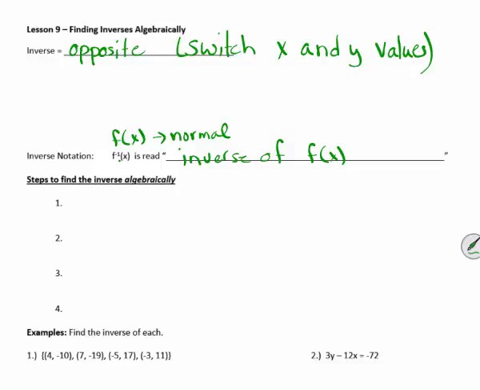All right, steps to finding them algebraically. We're going to be doing algebraically, and we're going to be doing graphically. So the first thing is you're going to replace f of x with y. Then you're going to switch your x and y values.